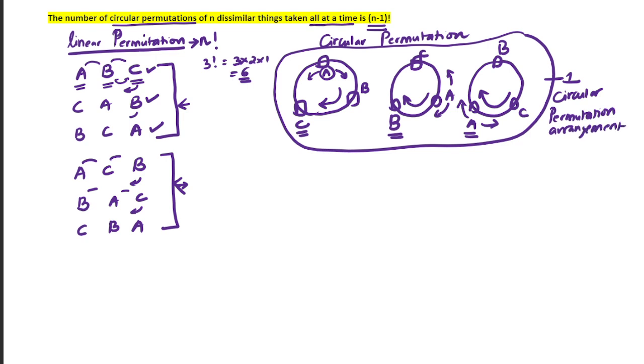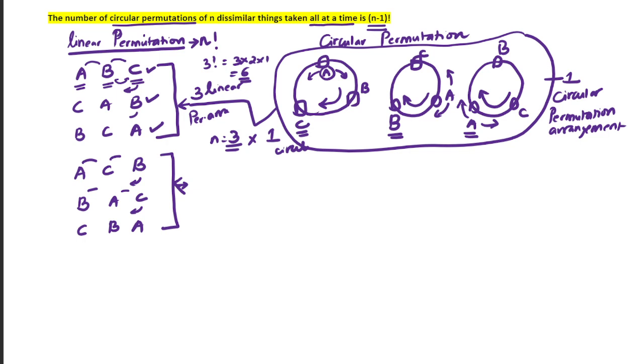But this one circular permutation arrangement led to 3 linear arrangements. This is one circular led to 3 linear because it's multiplied by 3, which is the n.